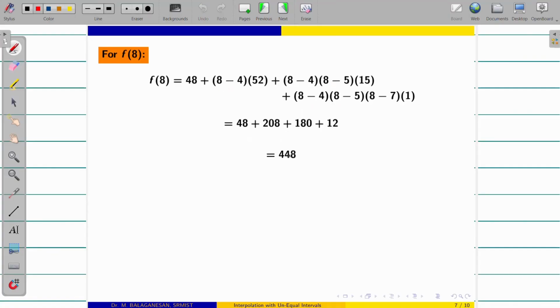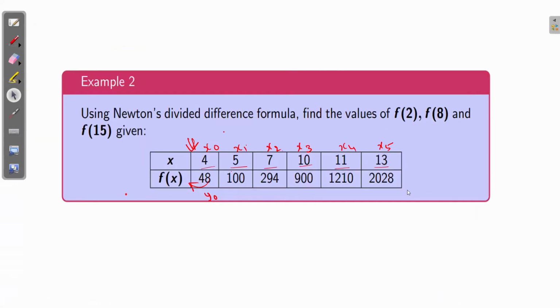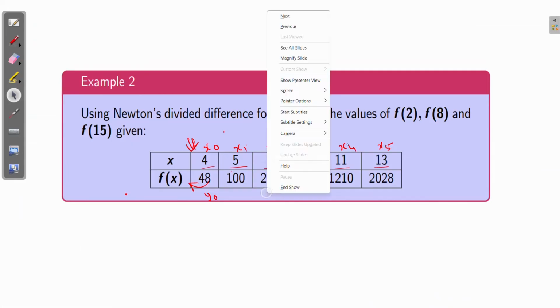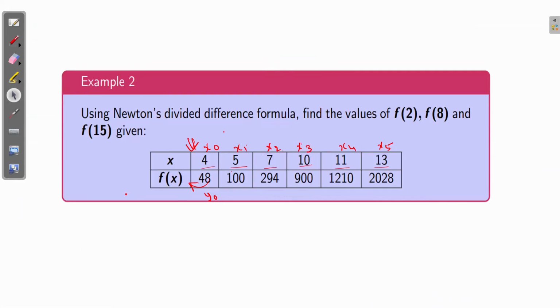Then the final answer will be 448. F of 8 will be 448. Shall we do the cross check? This is f of 8. Value of y is 448. Obviously, it lies between these two.